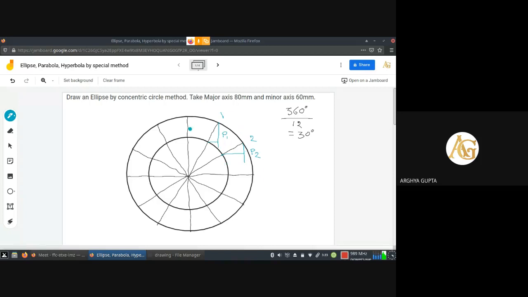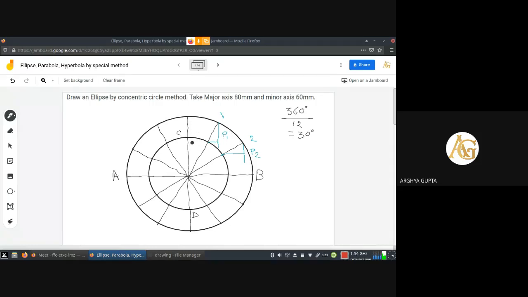Now let me give names here, then you will understand it better. Let us say AB is the major axis and CD is the minor axis.